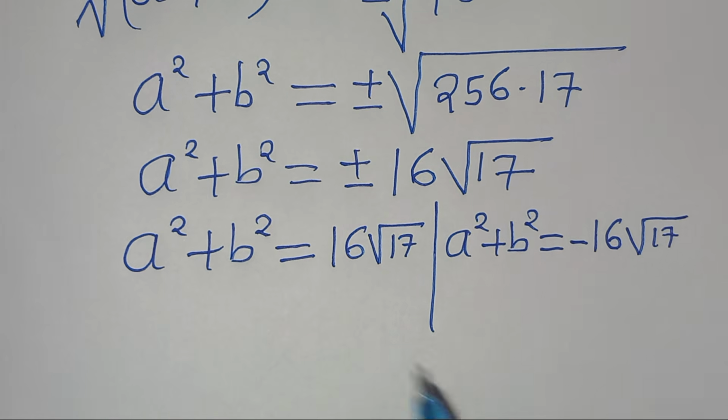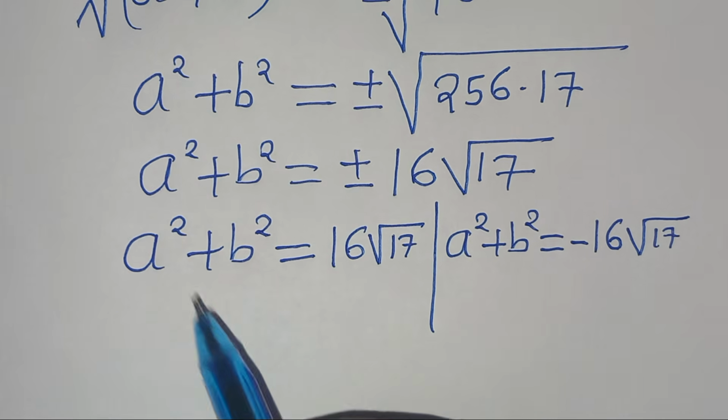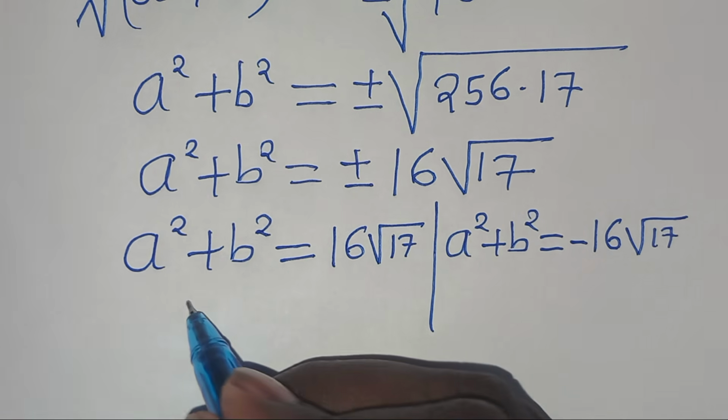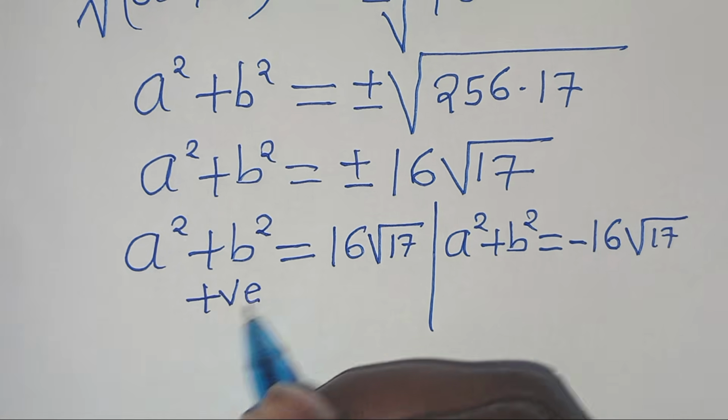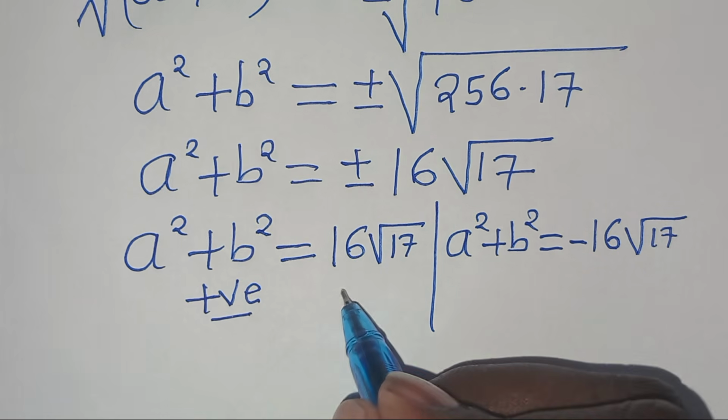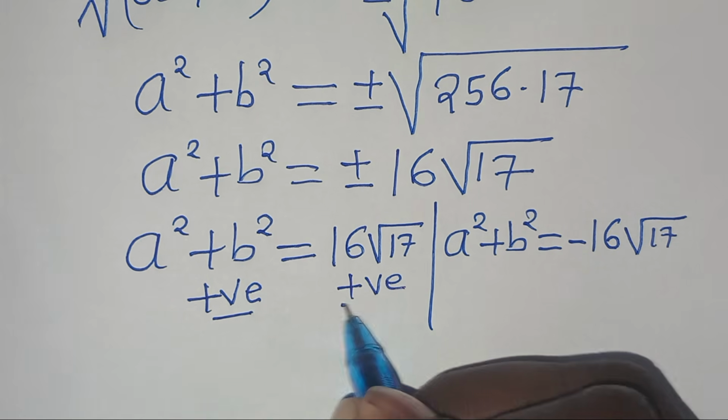Now this is to mean that we have two values of a squared plus b squared. Remember, a squared plus b squared, this actually gives us a positive value. And on the right hand side, we have plus 16 square root of 17, which is also a positive value.